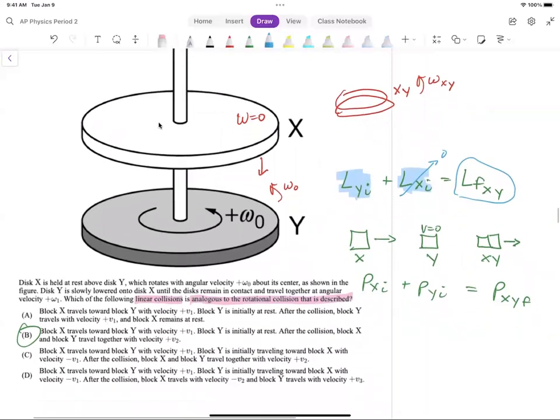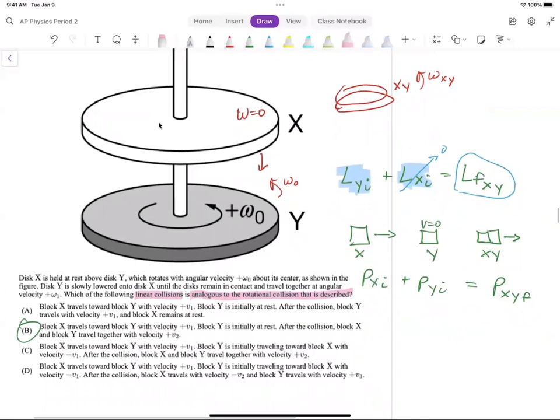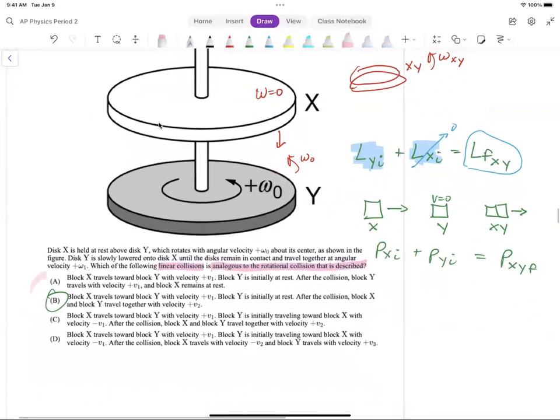This is very similar to what we did in linear land. They want to know which description is analogous or similar to what we just described above. So if you can imagine block X traveling towards block Y, which has no velocity, they stick together.